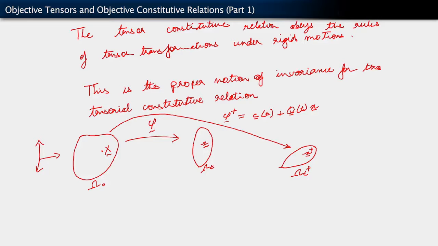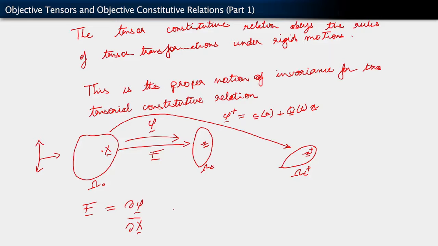So this is the situation that we have, and what we're going to do is look at the deformation gradient. We know that F equals the partial of phi with respect to X, but that gives us the tangent map for only that part of the motion.